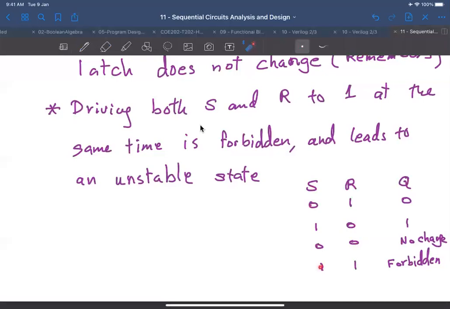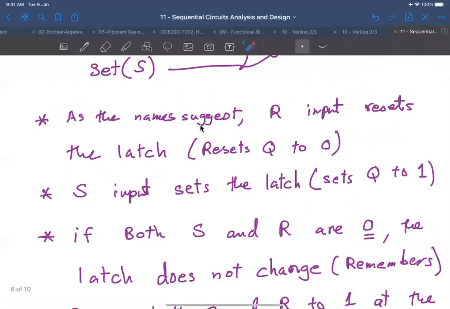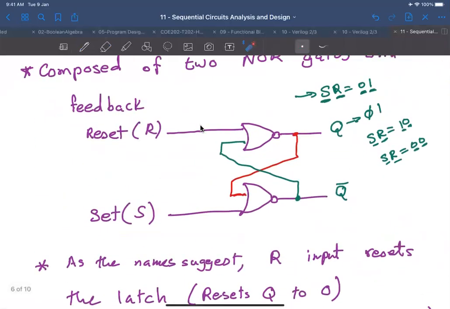1 and 1, on the other hand, is as if you are saying set and reset at the same time. Can you do that? The answer is no. You cannot do setting and resetting at the same time, so it results in a conflict, and it will produce 0, 0 in the Q and Q complement.